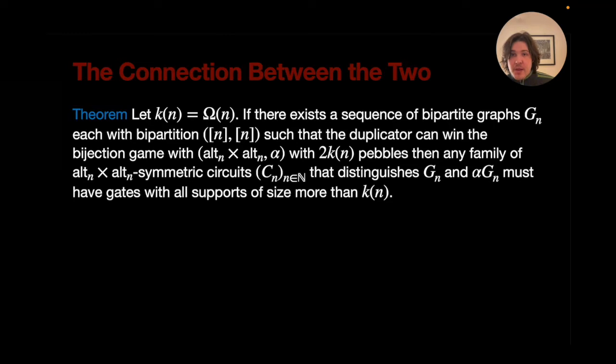In particular, if we can ensure the duplicator can win the game with a linear lower bound on the number of pebbles, it follows that any circuit that can distinguish between the two graphs must also have a linear lower bound on the size of the supports.